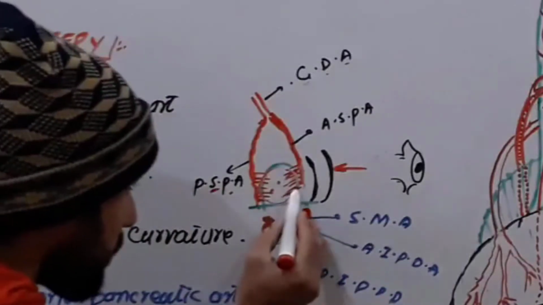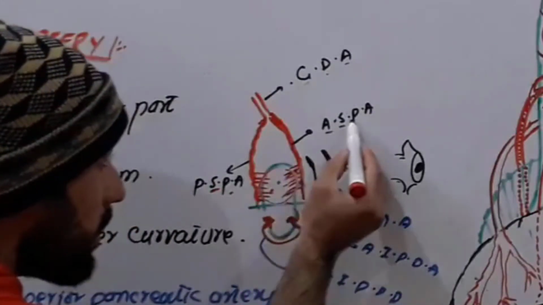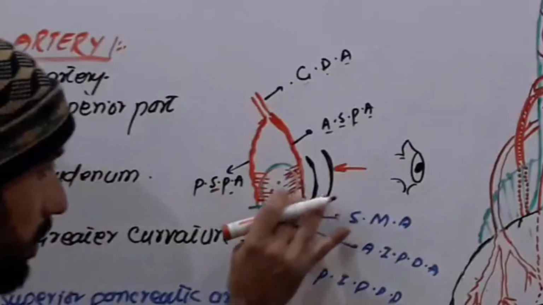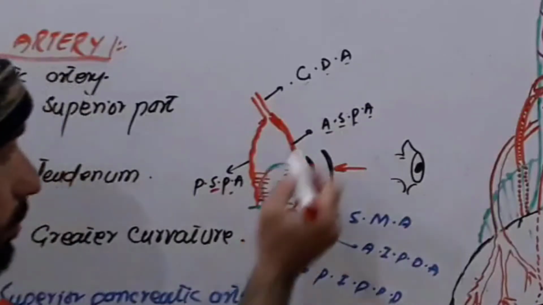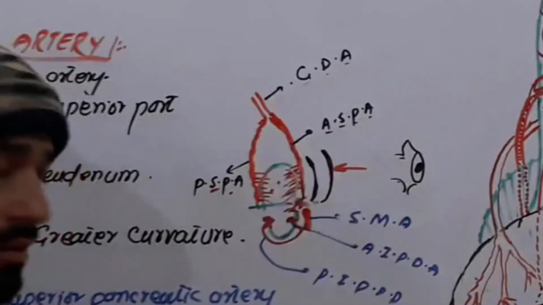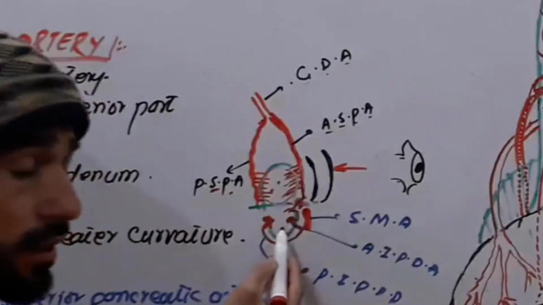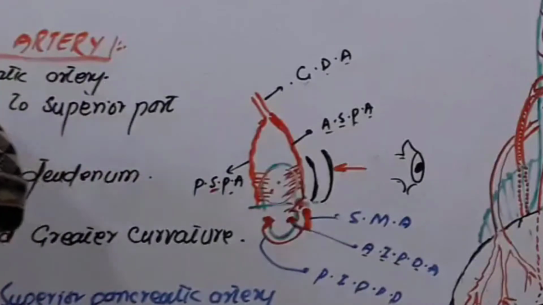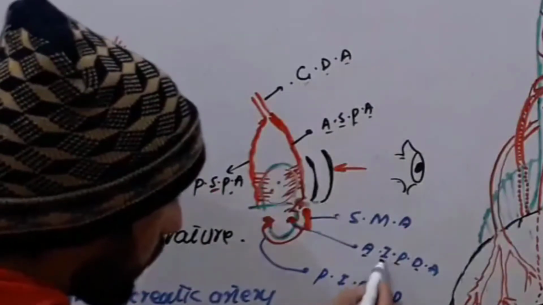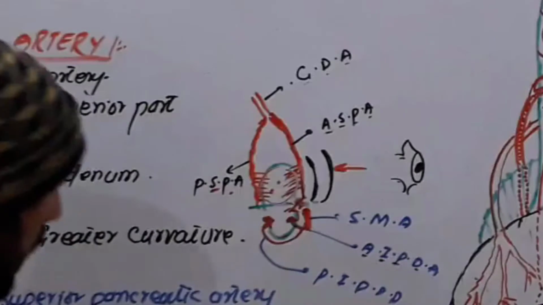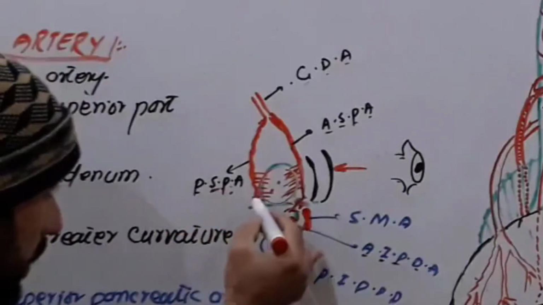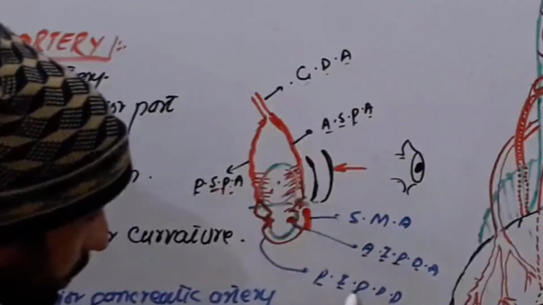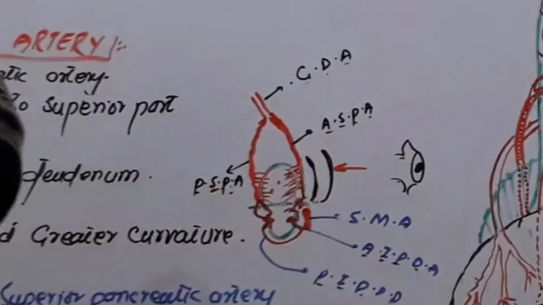Right? Now look carefully. The anterior superior pancreatic artery comes and makes anastomosis with this branch. So we say that the anterior superior pancreatic artery makes anastomosis with the anterior inferior pancreatoduodenal artery, and the posterior superior pancreatic artery makes anastomosis with this branch, the posterior inferior pancreatoduodenal artery.